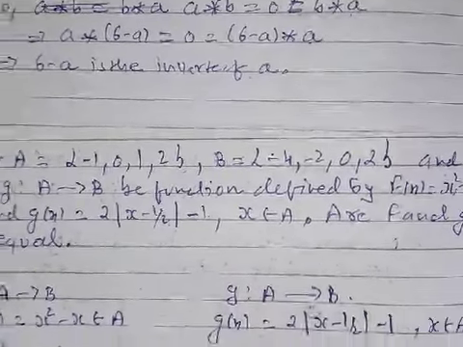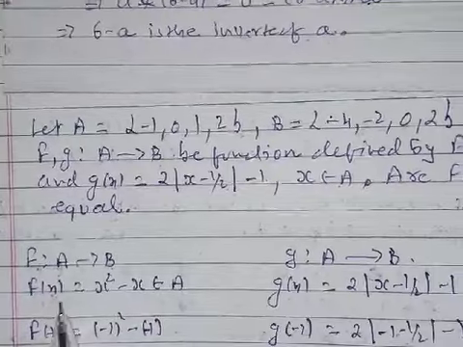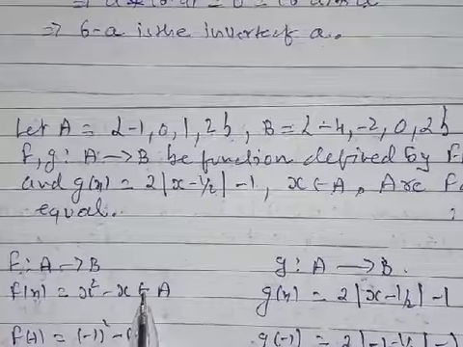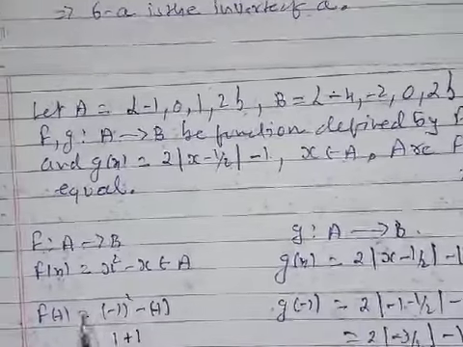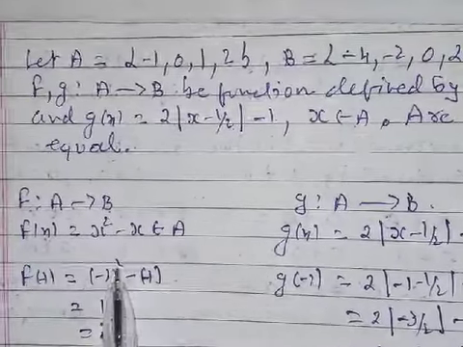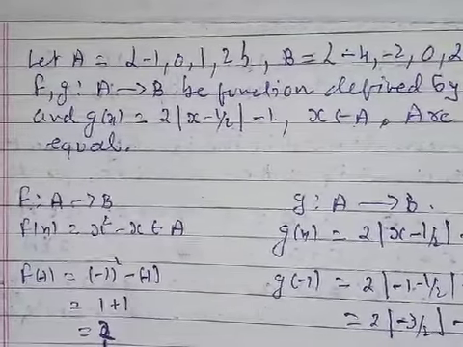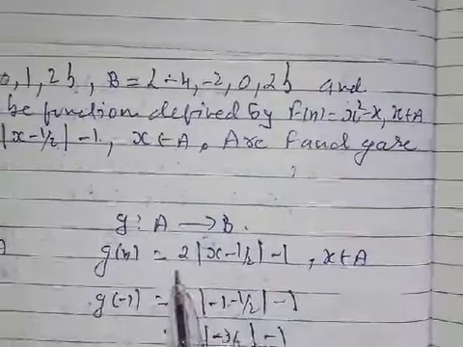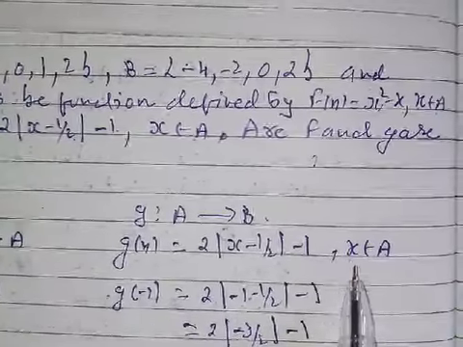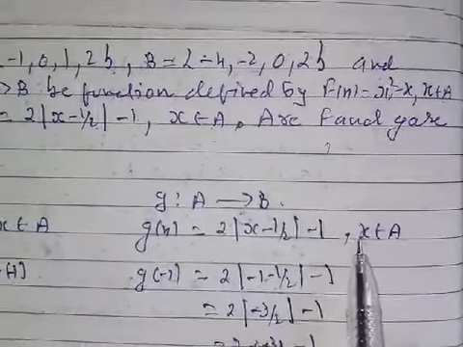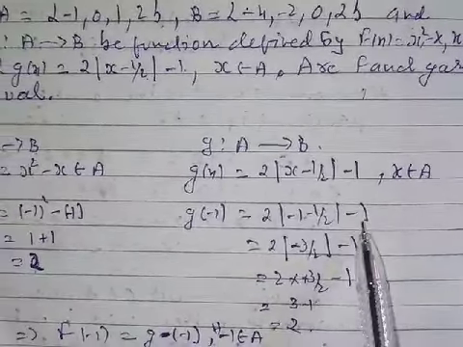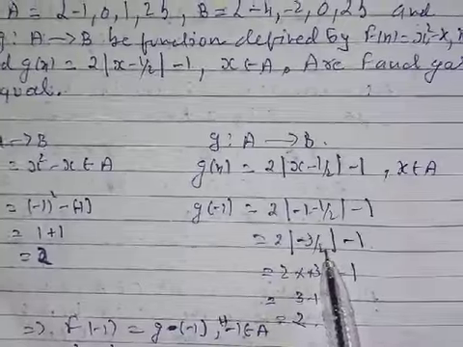So let's take f, defined from A to B, f(x) = x² - x where x belongs to A. f(-1) = (-1)² - (-1), minus into minus is plus, so 1 + 1 = 2. Let's check it for g(x) = 2|x - 1/2| - 1, x belongs to A. g(-1) = 2|-1 - 1/2| - 1 = 2|-3/2| - 1.